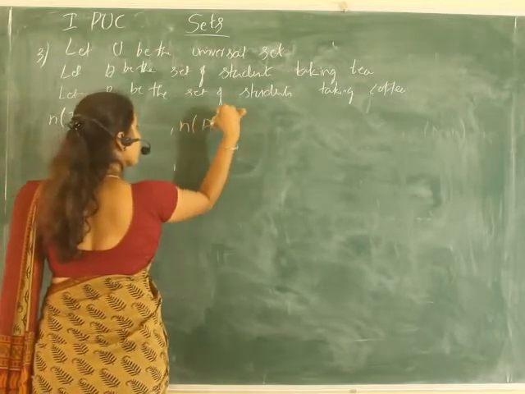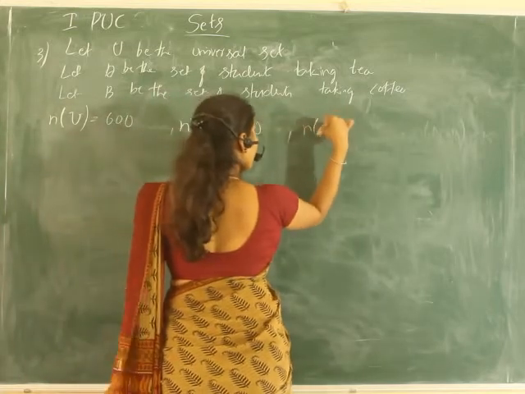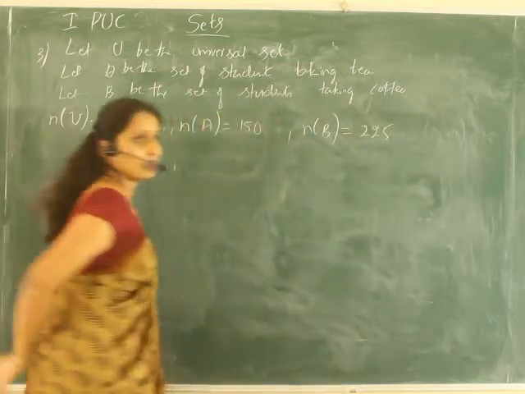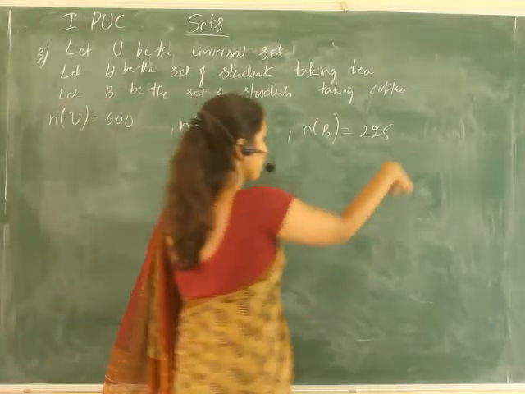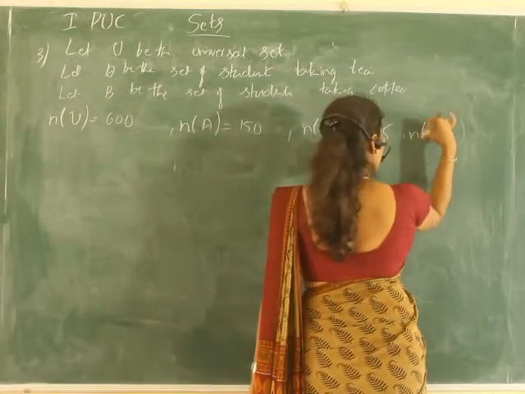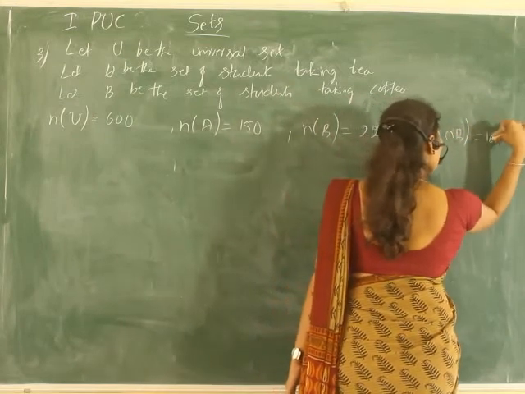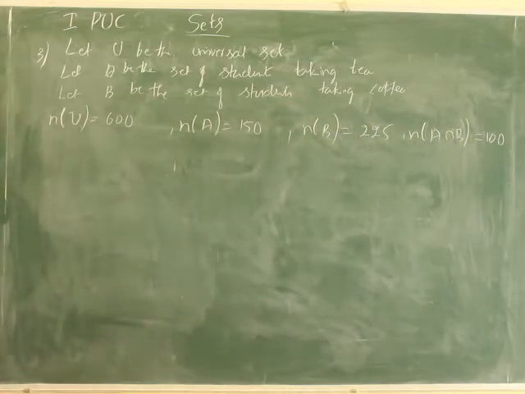So n of A is 150, n of B is 225. Then taking both coffee and tea is the intersection: n of A intersection B is 100. We have to find how many students were taking neither tea nor coffee.